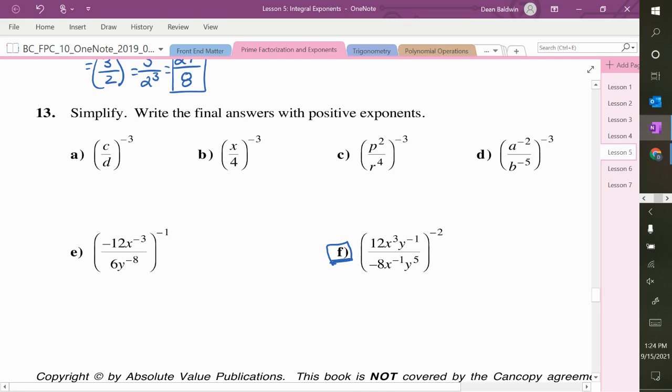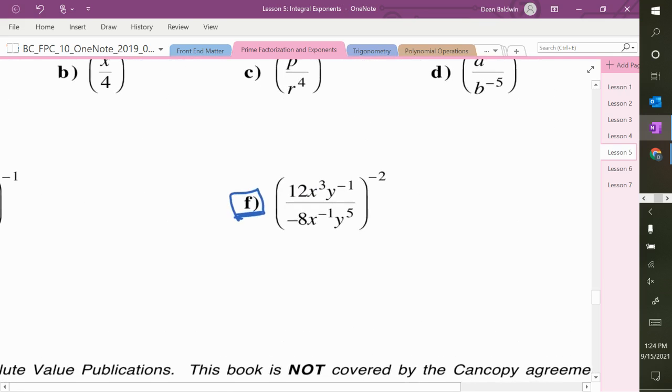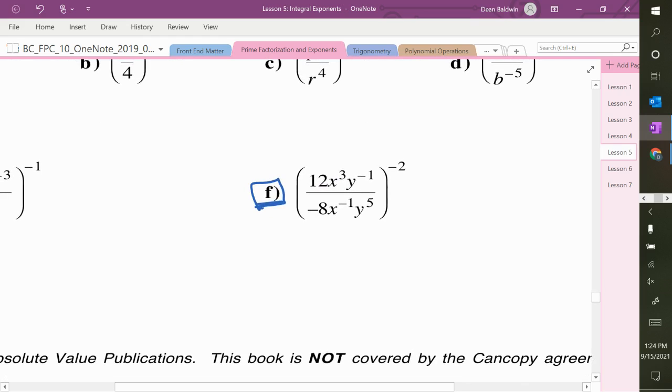You have choices. I'm going to show you 2 ways to do this one, okay? The first choice, deal with this negative. So what do you do? Flip the whole thing. Don't change anything on the inside because you are flipping it due to this negative.